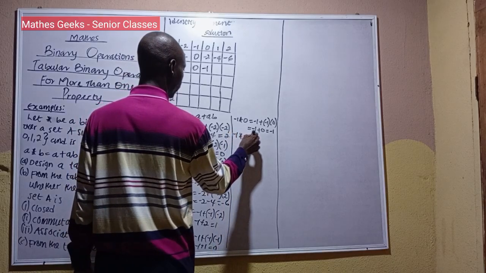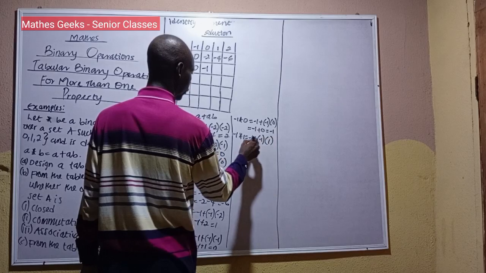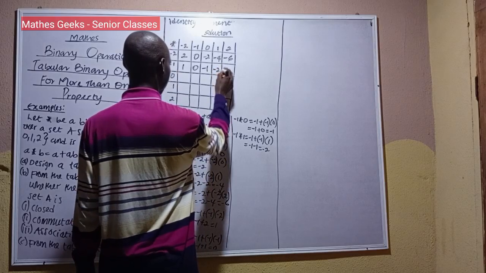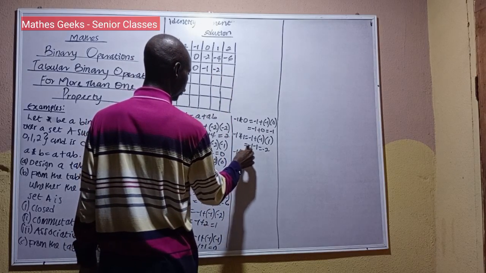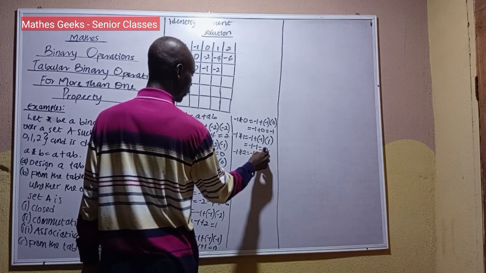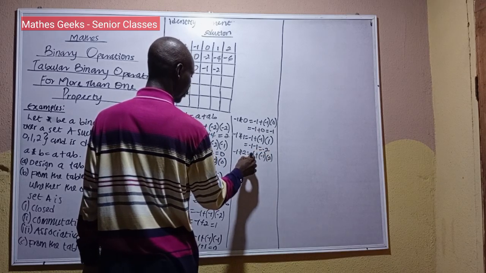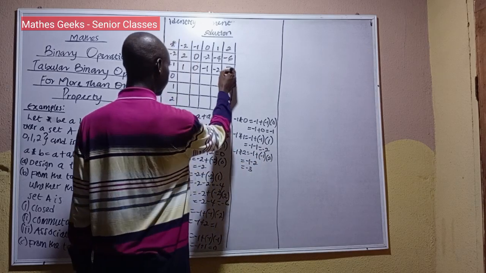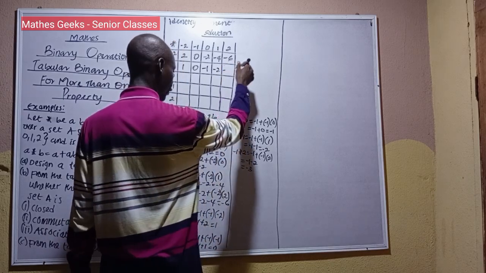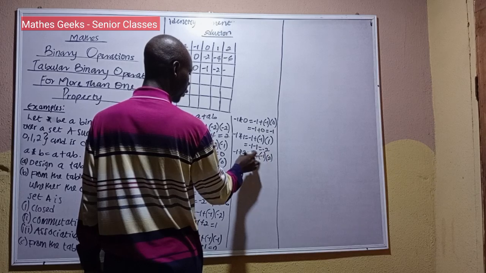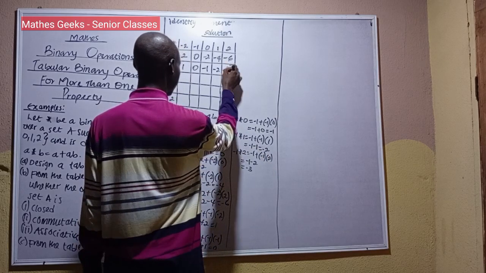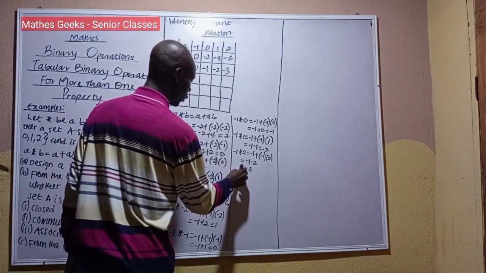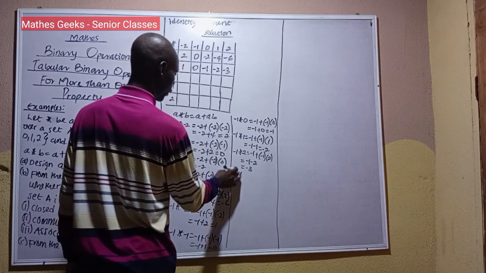Then -1 operation 1: -1 plus 1, plus -1 times 1 which is -1, giving -1. Then -1 operation 2: -1 plus 2, plus -1 times 2 will give us -2, which is -1.